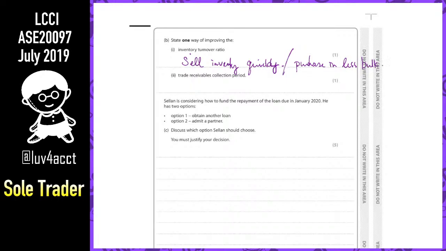You purchase in smaller amounts, sell it, and then purchase again. Both can improve your inventory turnover ratio. For the trade receivables collection period, you can limit their credit line. If they want to buy more, they have to settle their accounts first. Or you offer a cash discount.